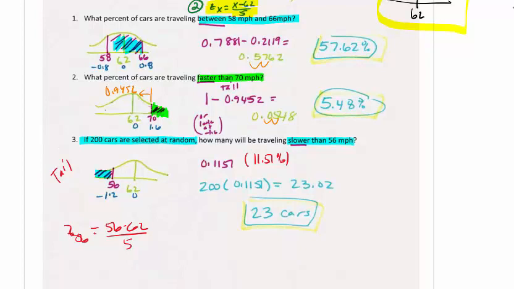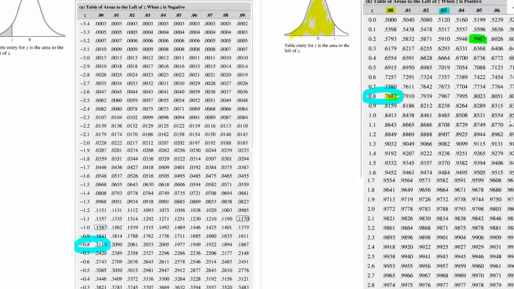I'm just writing it down to make sure you're clear on what I have there. This gives me 6 divided by 5, which gives me the negative 1.2. I can go directly to my chart and use the negative 1.2, and it's the 0.1151.